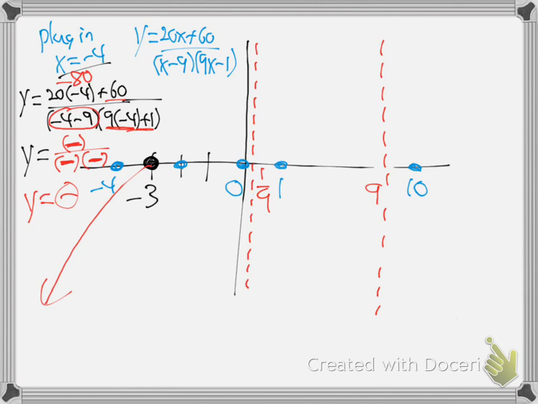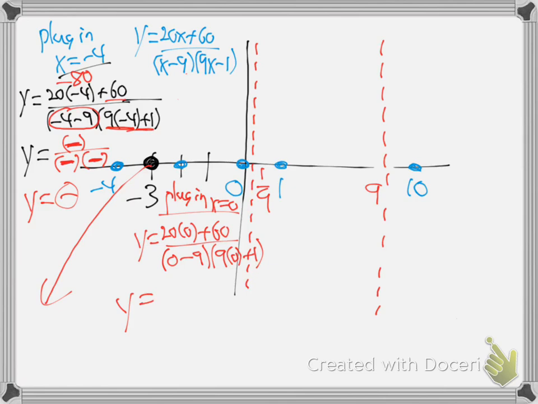So that's down. Now how about the middle? There's 4 sections. I'm going to plug in 0. You can plug in -1, -2, but I'm going to plug in 0. So y equals 20 times 0 plus 60 over 0 minus 9, 9 times 0 minus 1.